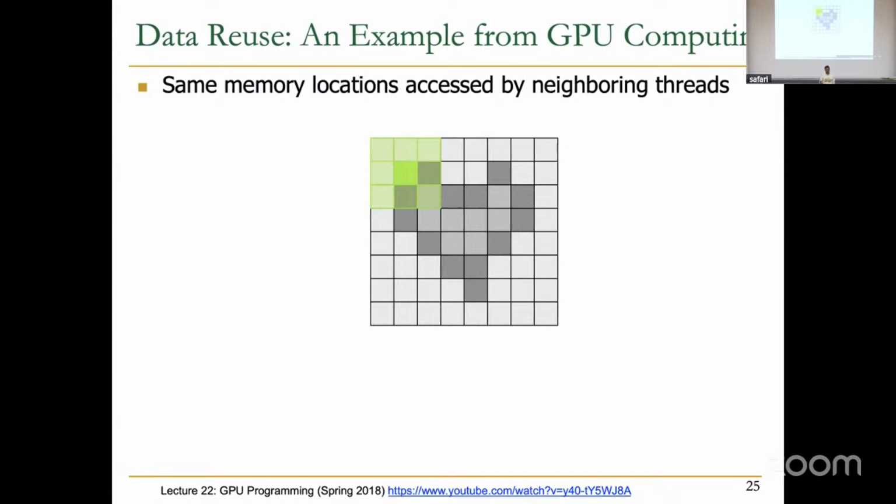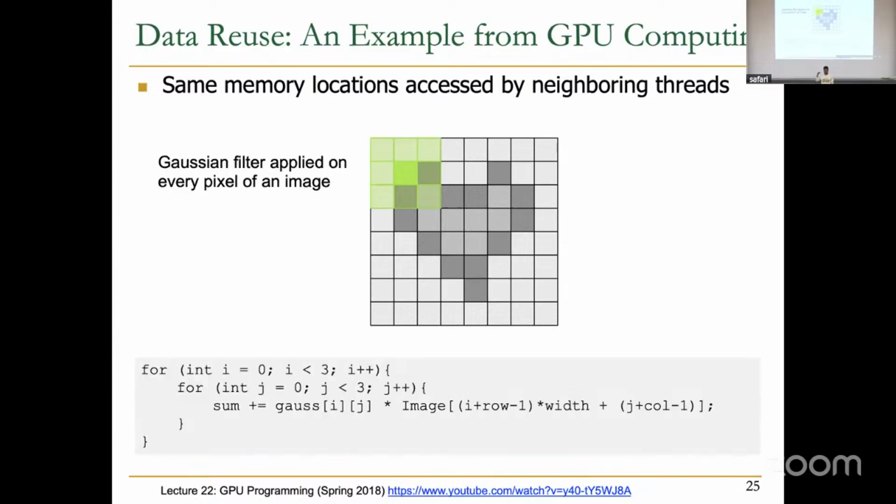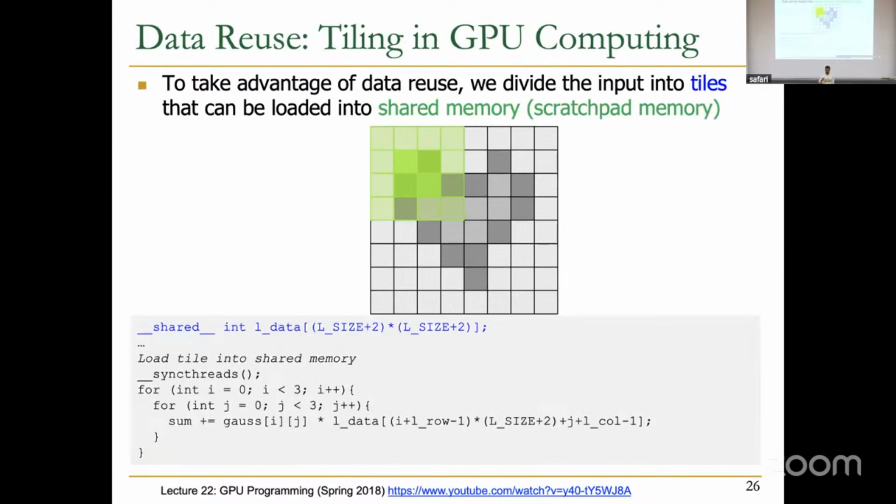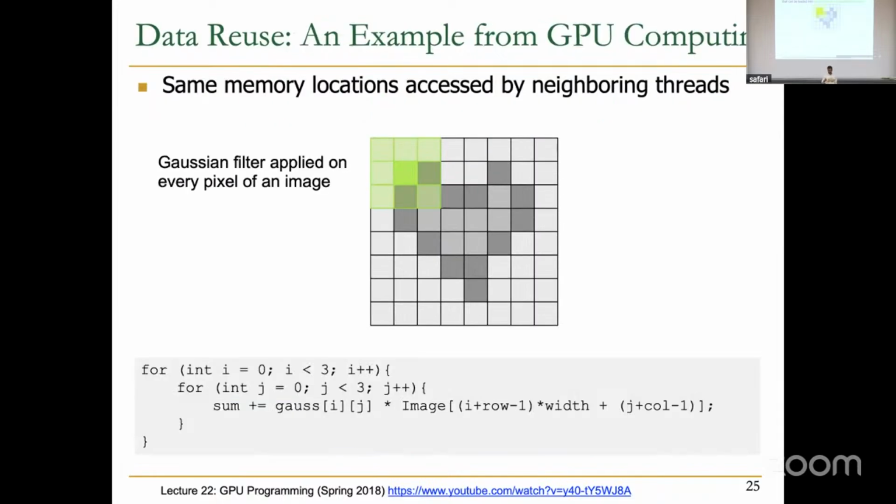So what you would essentially do is block this image, operate on a small block, do all the operations, and then go to the next block, so that the computations going on inside that block reuse the data as much as possible. That's what I'm showing over here. If you want to block it, this is the unblocked code.